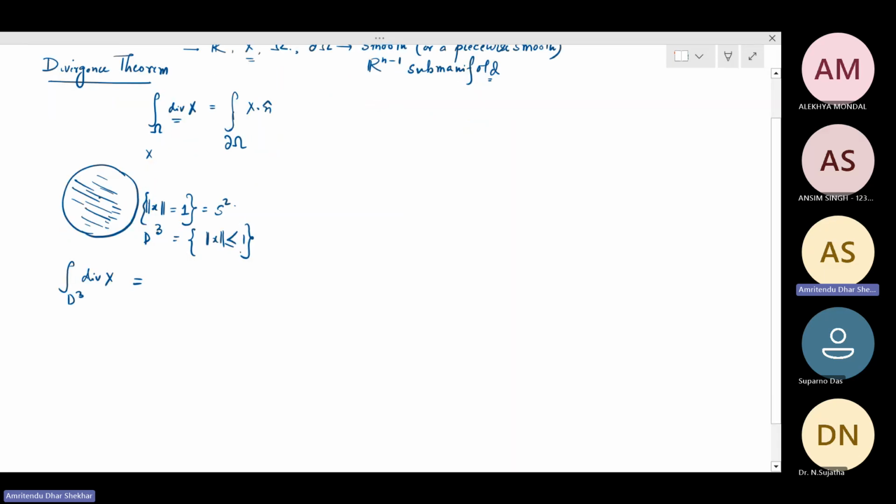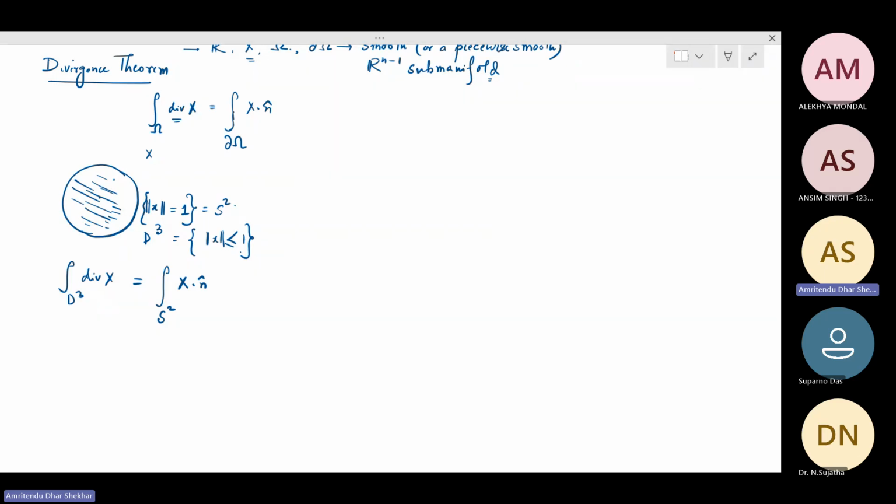Then this would be equal to the integration over S2 of X dot N cap. N cap is the outward facing normal. Of course, because the sphere is a two-sided surface, there is a notion of orientability on the sphere.